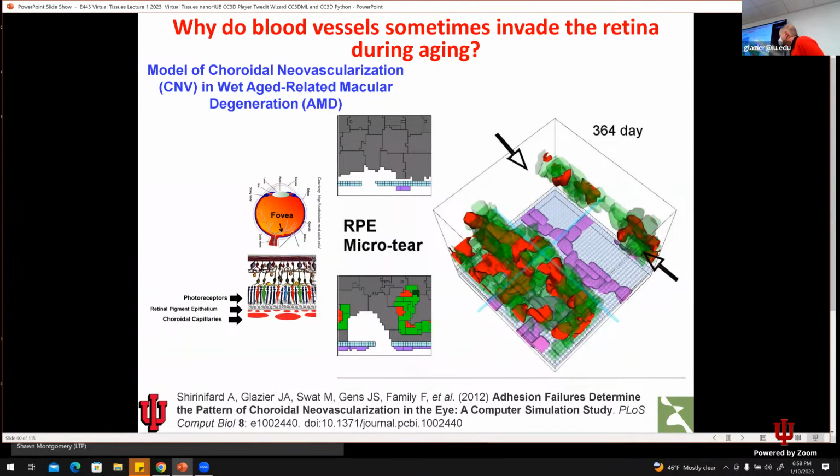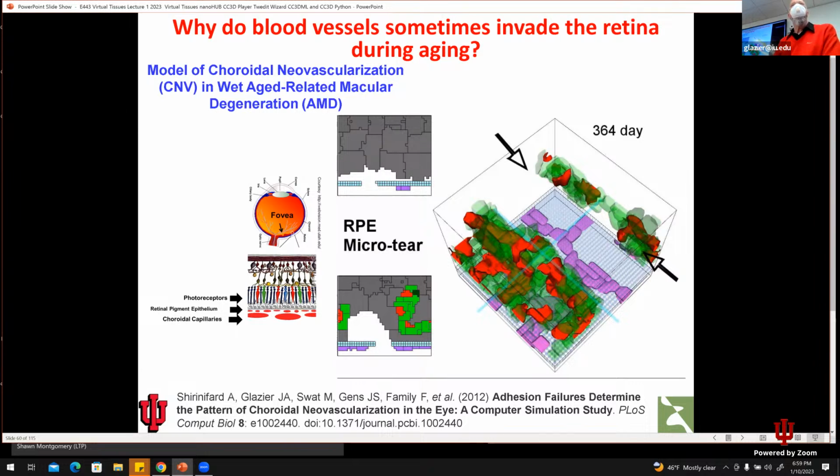One of the things that we discovered doing these simulations and also doing experiments was that the current hypothesis of the day was that this problem was due to excess growth factors. And in fact, the problem is due to failures of adhesion in the retina. The pigmented retinal epithelial cells basically have to glue themselves down to their substrate. As you age, there's a layer of lipids, essentially soap, that accumulates on that surface.